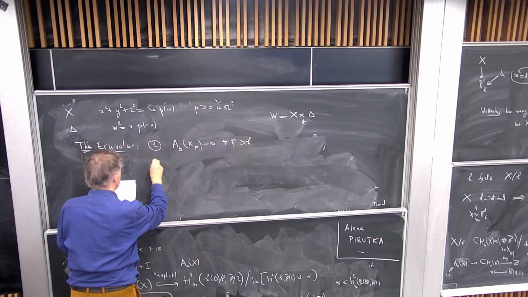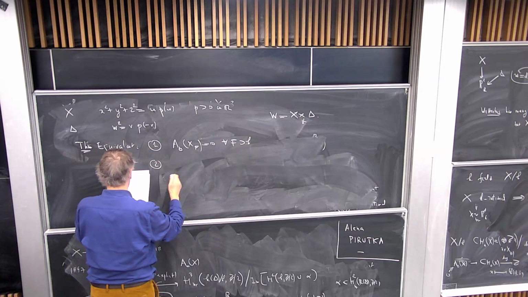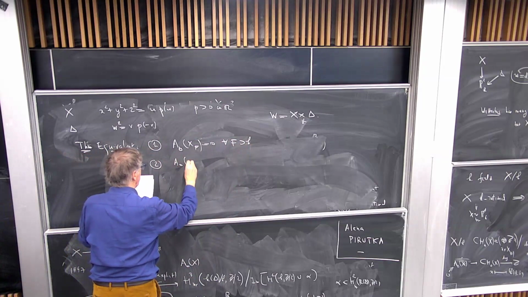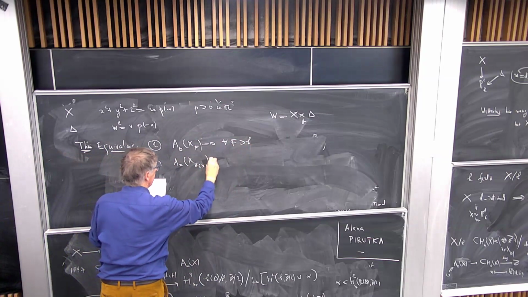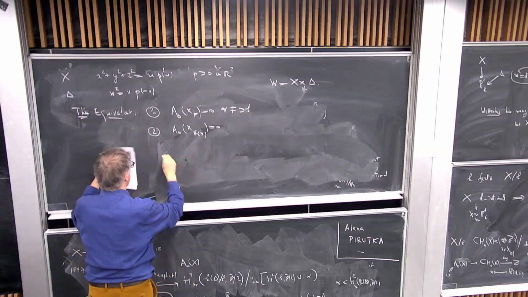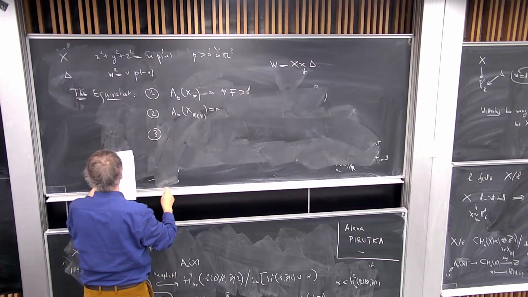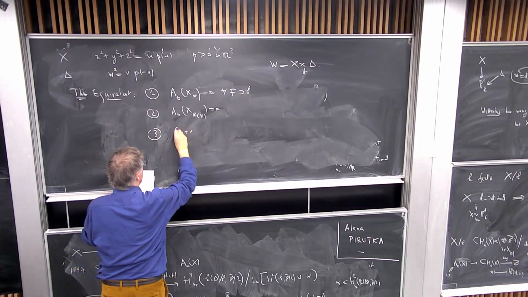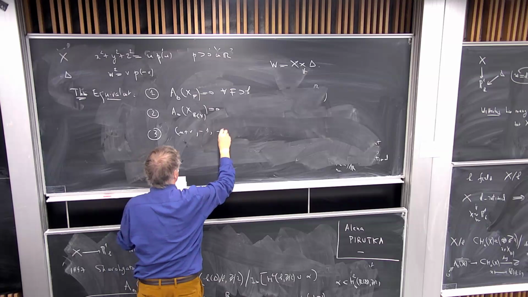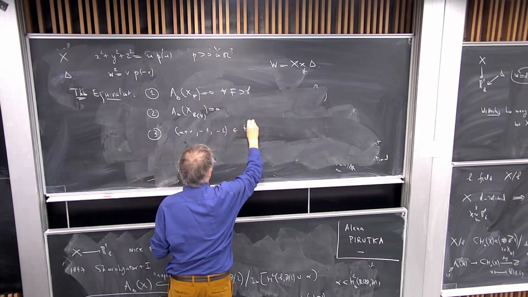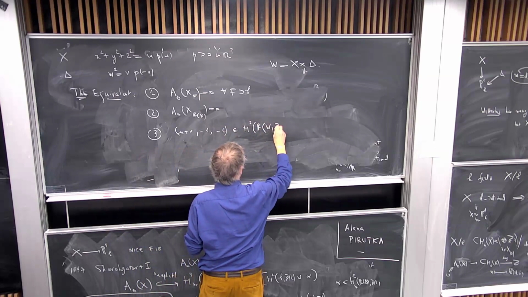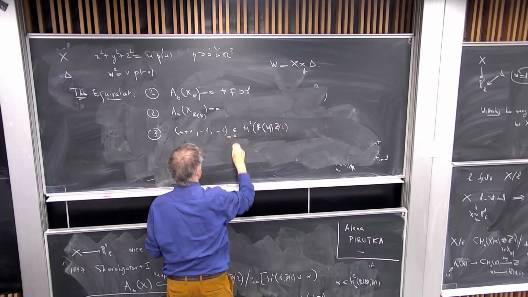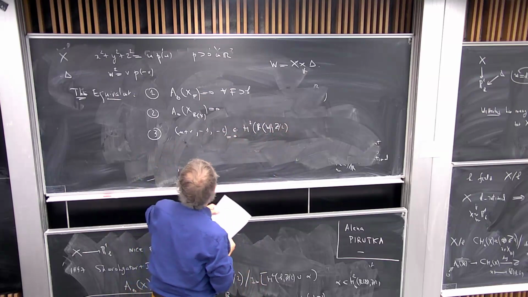Two: well, I already said that it's enough to show it for the function field of X. Three: the symbol (u plus v, -1, -1) in H3 of R(W), with coefficients in Z/2, is 0.